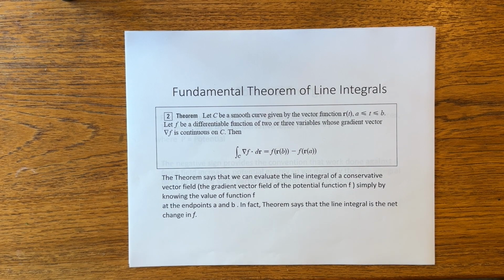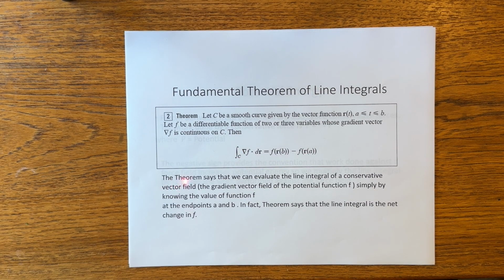But before we do that, I need to go over the fundamental theorem of line integrals with you. This theorem states: let C be a smooth curve given by a vector function r(t). Let f be a differentiable function of 2 or 3 variables whose gradient vector del f is continuous on C, then you get this equation over here.